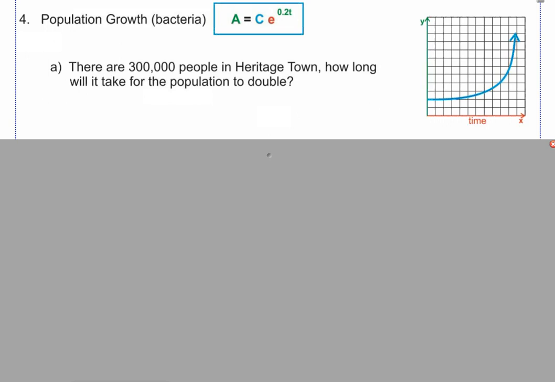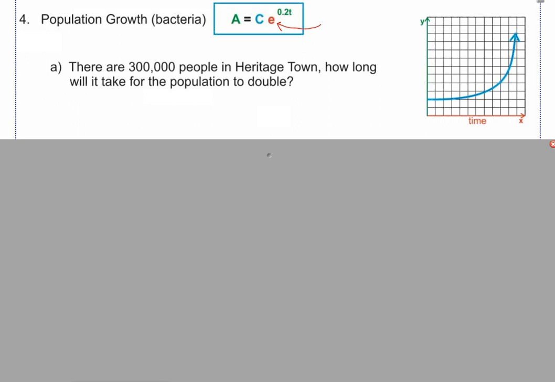So here we see a similar type of function. The only difference is the base is e, and we're going to talk about e in the second half of the chapter. If you looked at this, what would c represent? What is c going to be?